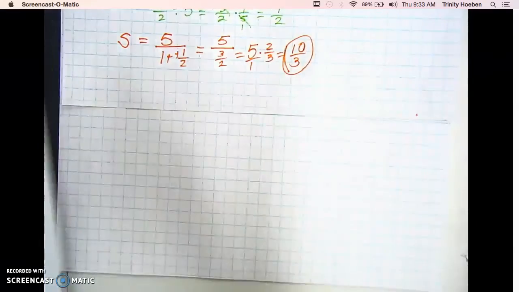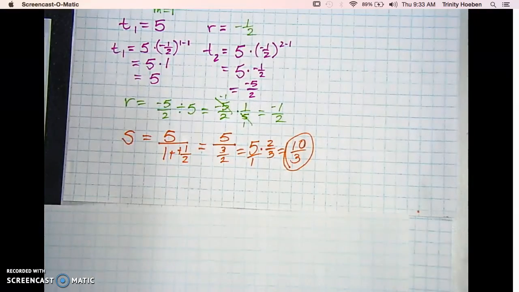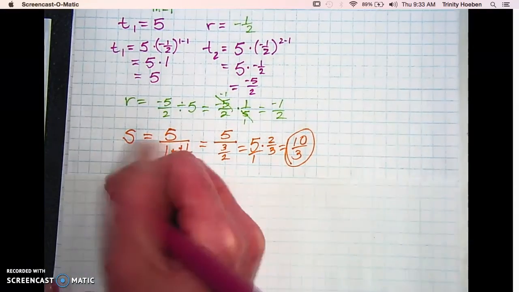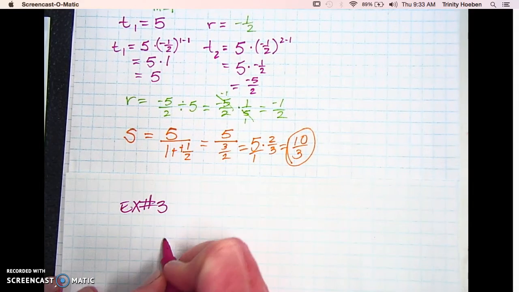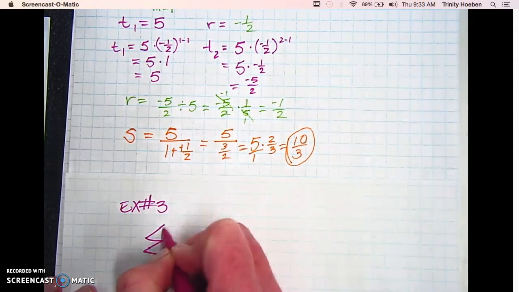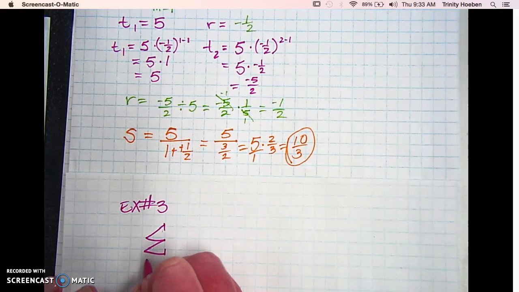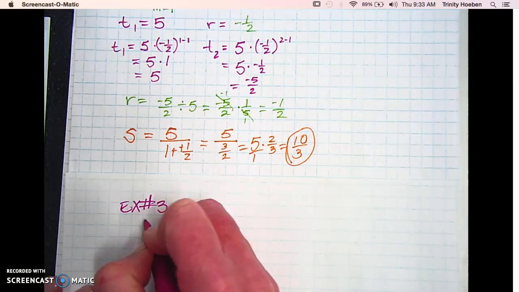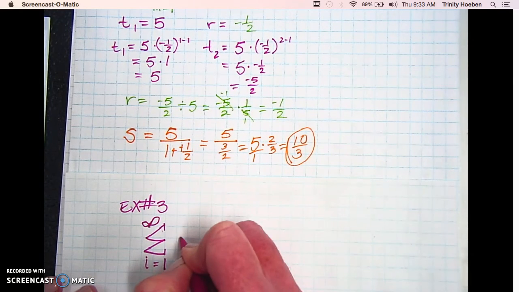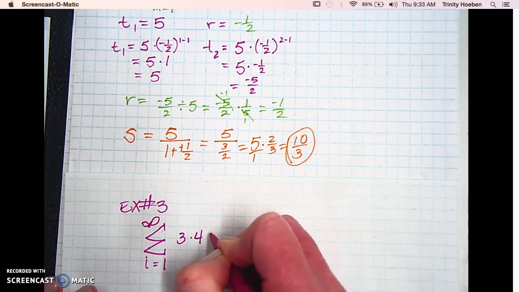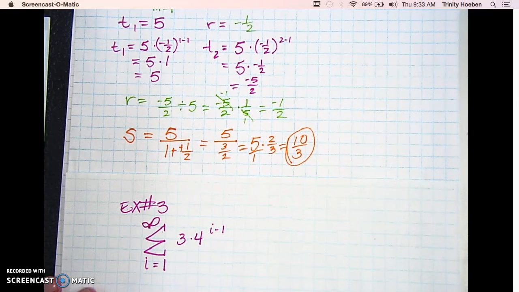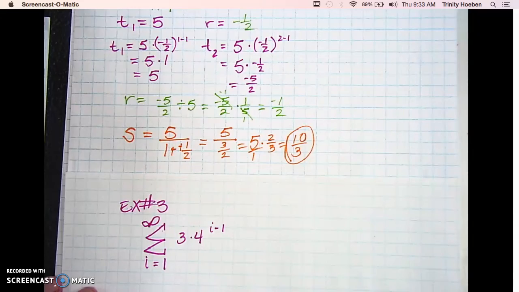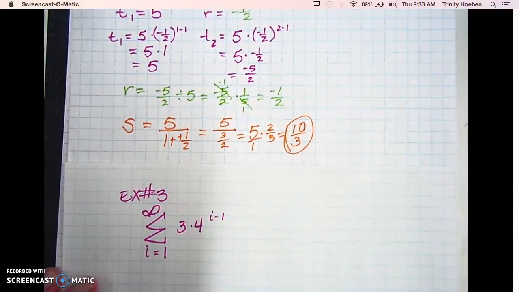One more example, and it's pretty quick. All right, so here's example number 3. Written as a sum, so we've got I equals 1 down here, infinity up here, and 3 times 4 to the I minus 1. Okay. So again, the variable can change, it doesn't really matter.